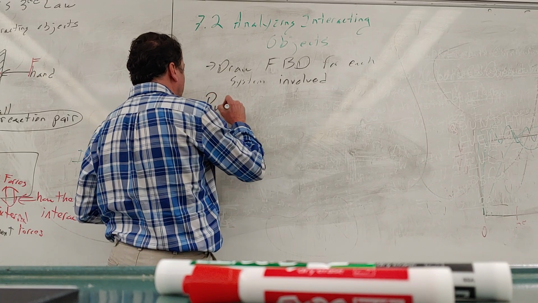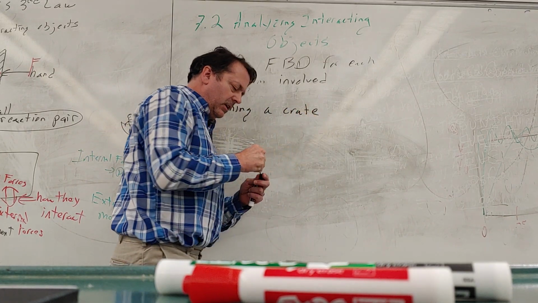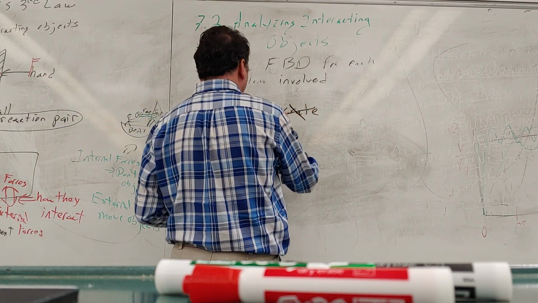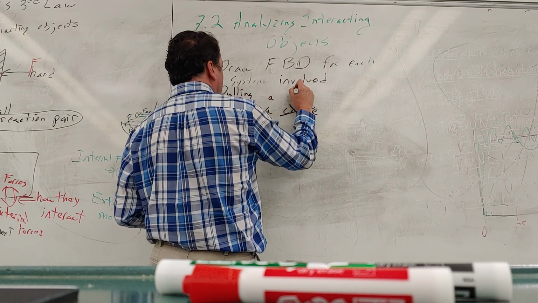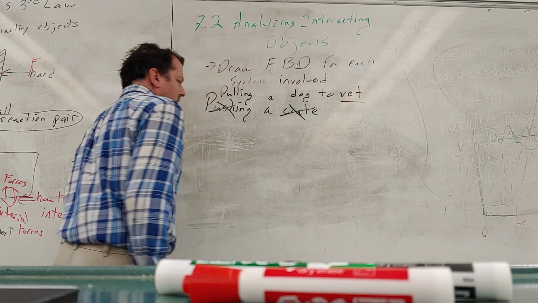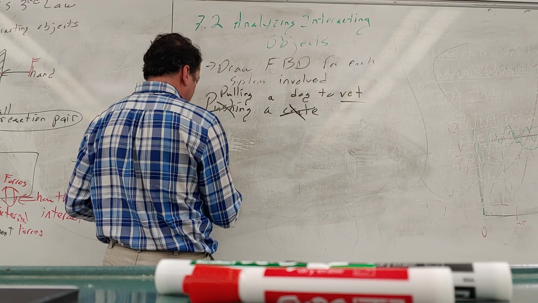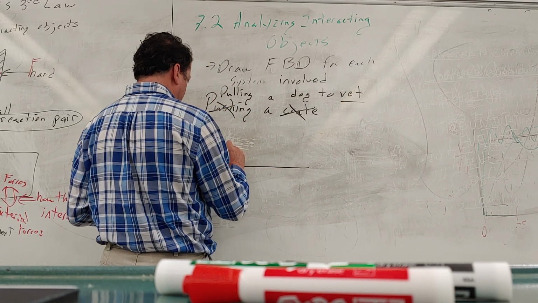So if you're pushing a crate, this could be, let's not do push a crate. Let's do pulling a dog to the vet. Veterinarian, not veterans. So the picture would be, here's the guy.